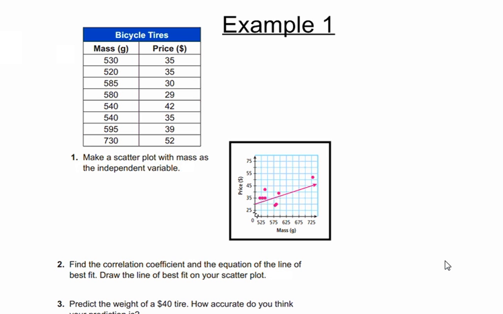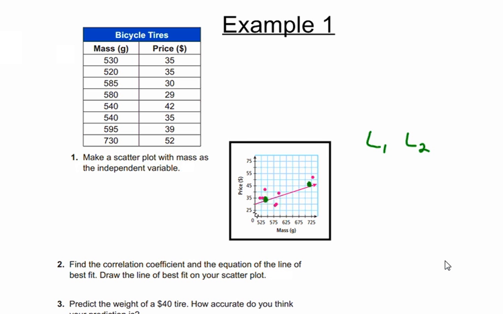If we have to find the correlation coefficient and the equation of the line, the old school way, the way that you might have done this in science, would be to pick two points that are on the line and then come up with the equation. You have your TI calculator. We're going to talk about how to punch this into the calculator and get everything to work out beautifully. It involves using L1 and L2 and doing a linear regression on your calculator.